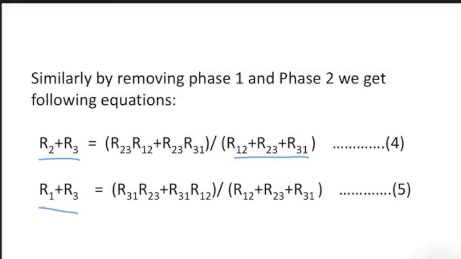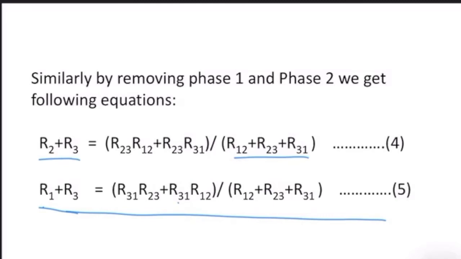Left side R1 plus R3, so we are not having R2 in this. And what is on the right side? R31 is going to be common again: R31 into R23 plus R31 into R12 divided by R12 plus R23 plus R31. So that is how we are getting equation number 4 and 5.